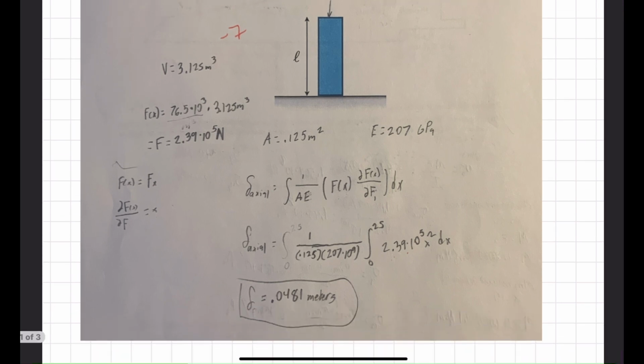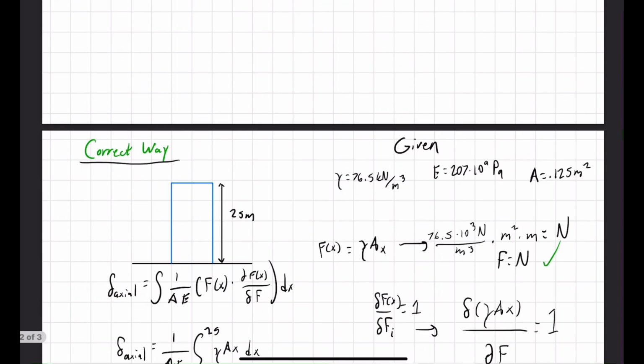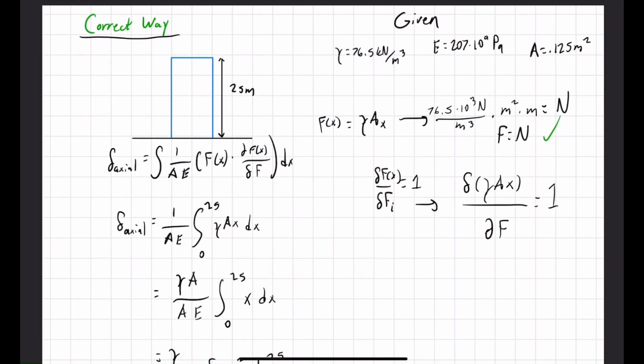And then my second error was when taking the partial here. In the correct solution, the partial is different. So down here, the correct way to do the problem is we're given our givens here. And firstly, just to prove that gamma times A times x is a force, you can do your gamma, which is in newtons here, because I multiplied by 10 to the third.